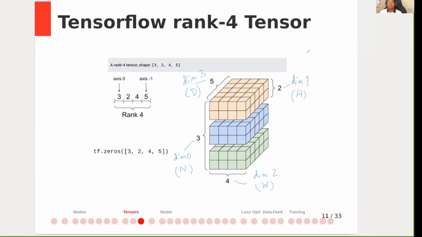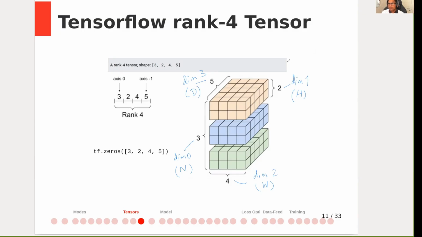So if we consider a 4-dimensional tensor which represents a batch of images, the first dimension gives the number of images in the batch, the next dimension gives the height, the next gives the width, and the last gives the depth, or the number of channels of the images.